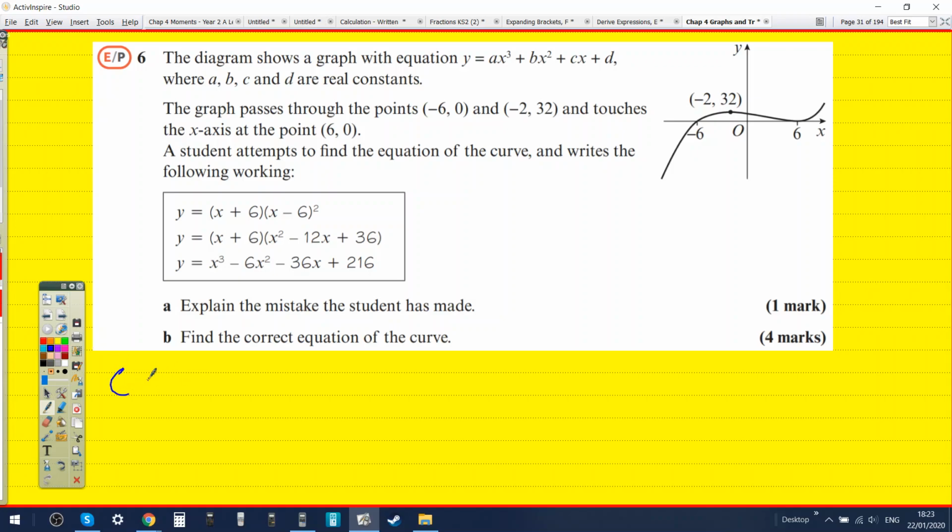Is it that the x plus 6 is the one that's meant to be squared? Yep.